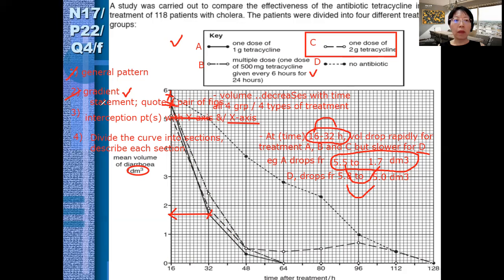Okay, so that is comparing the gradient. Now, what about the interception point? The more meaningful interception point is when there is zero diarrhea, no more diarrhea.